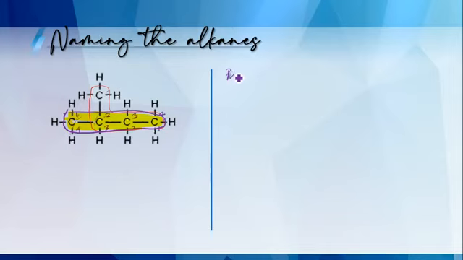The prefix: how many carbons do we have? 4 carbons. So for 4 carbons, the prefix is but-, and then the suffix. This is an alkane, so it ends with -ane. So the name of our carbon chain is butane.